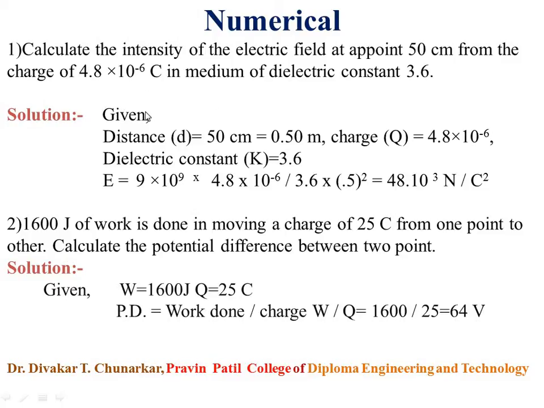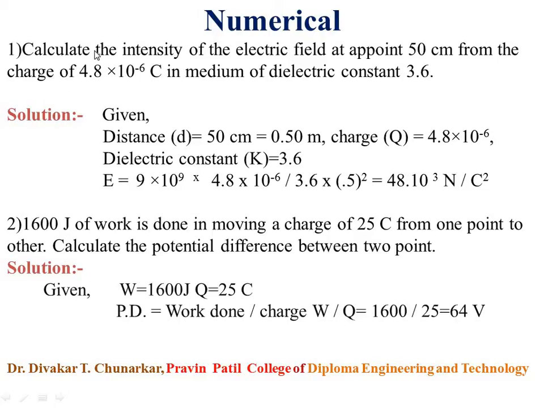So first, in given, distance of electric field D equal to 50 centimeter, and this 50 centimeter we have to convert in meter, that is 0.50 meter. Then the electric charge is given, that is 4.8 into 10 to the power minus 6 coulomb, and the dielectric constant K is 3.6, and we have to calculate the intensity of electric field.